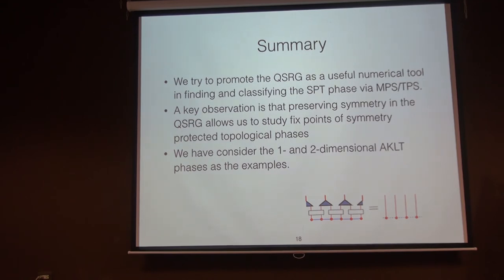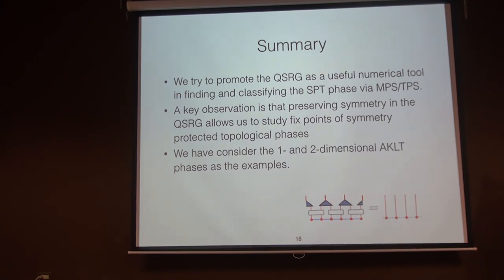So let me give a summary of this work. I try to use quantum state RG as a numerical tool to study the SPT phase by using the matrix product state and the tensor product state. The key point is to preserve the symmetry when we do the quantum state RG.